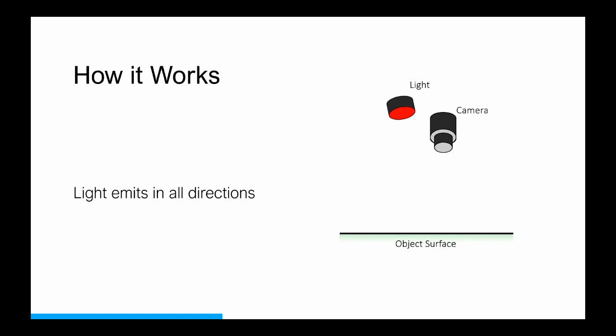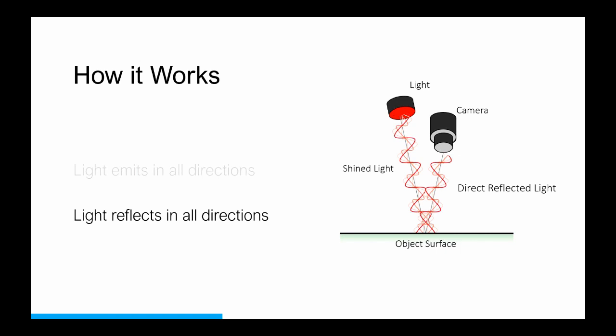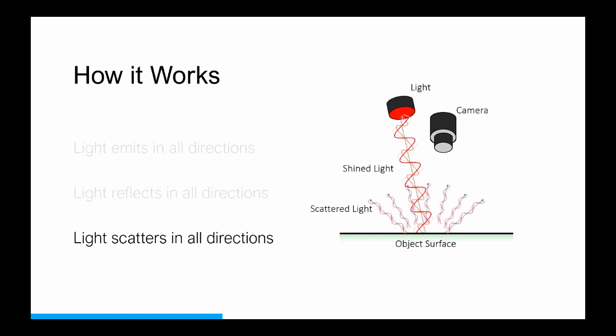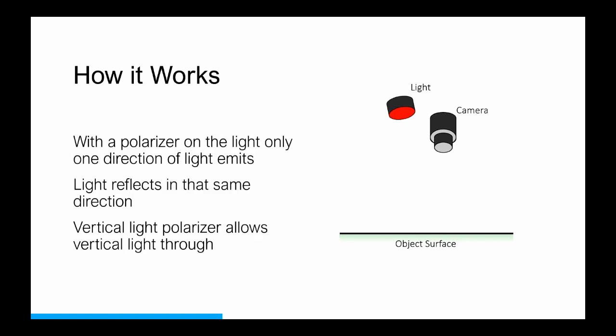As I said, when light shines down, it emits in all directions. When it reflects, that direct reflection is also in all directions, and when it scatters, that scattered light is also in all directions. When we add a vertical polarizer to our light, we have light shining down, and that direct reflection will maintain the direction that it's shining.